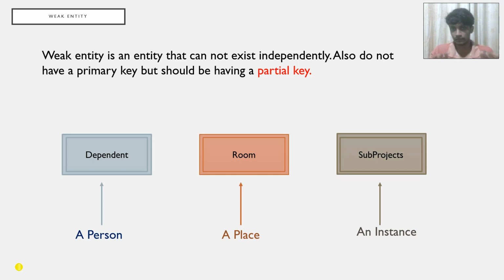You might be having some confusion right now, because this partial key comes with the ER model. It is just a temporary key that we define in a weak entity in order to make a weak entity. Basically, a partial key only exists in a weak entity.